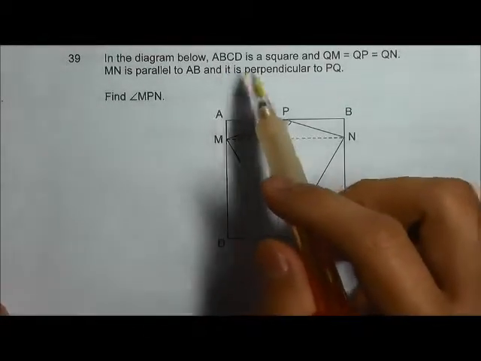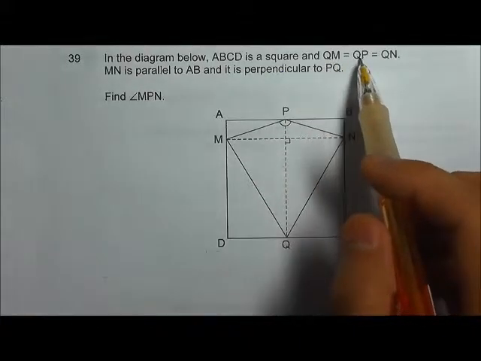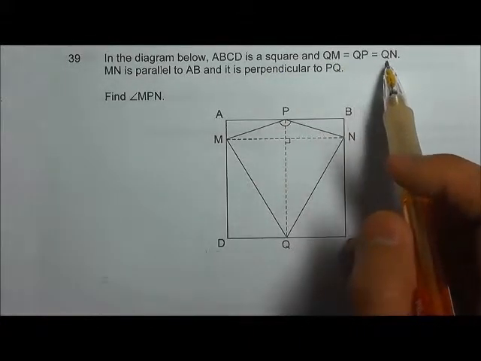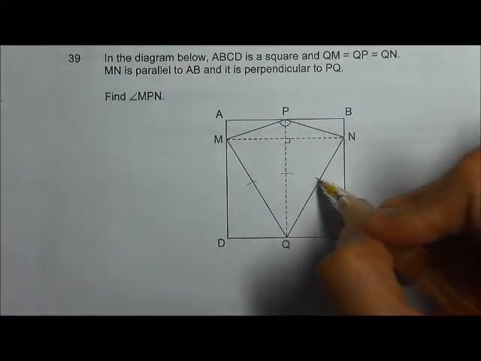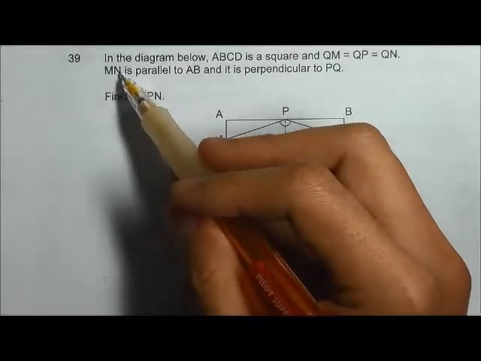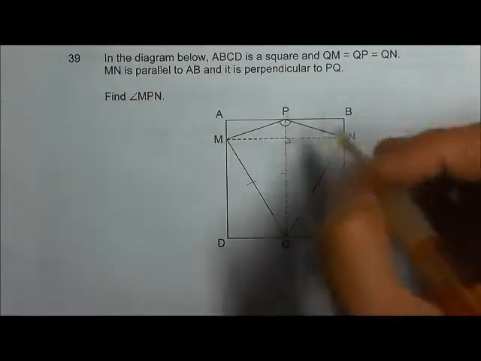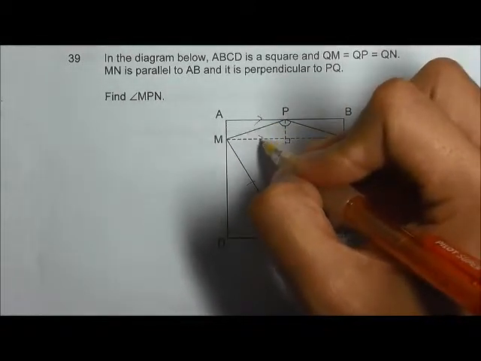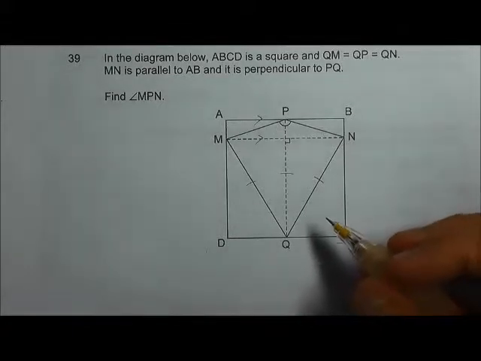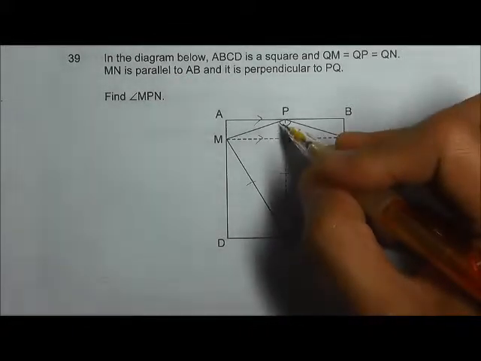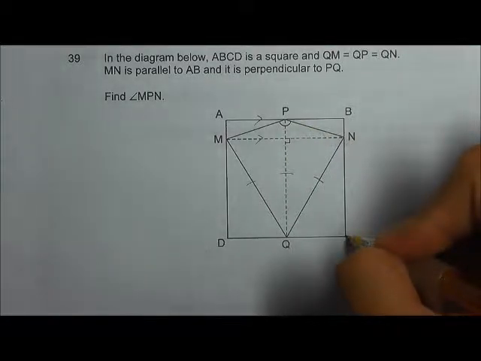Okay, in this diagram below, ABCD is a square and QM is equal to QP is equal to QN. So we can do some labeling, and MN is parallel to AB and is perpendicular to PQ. Okay, so these two lines, they are parallel. In this case we can see that QP is actually equivalent to the side of the square.